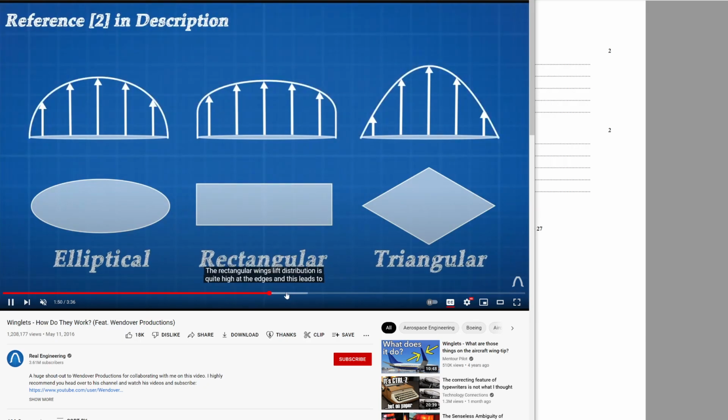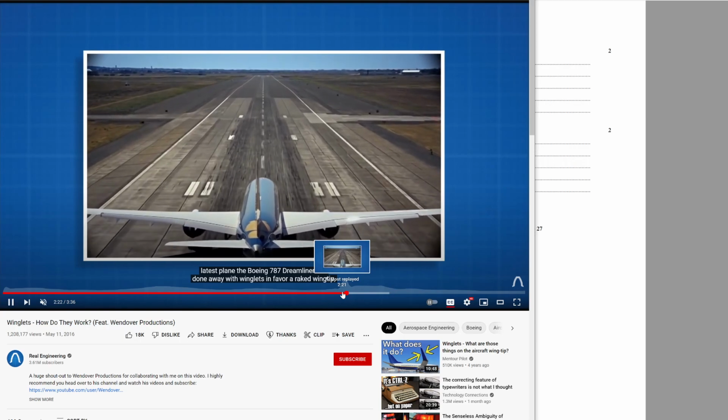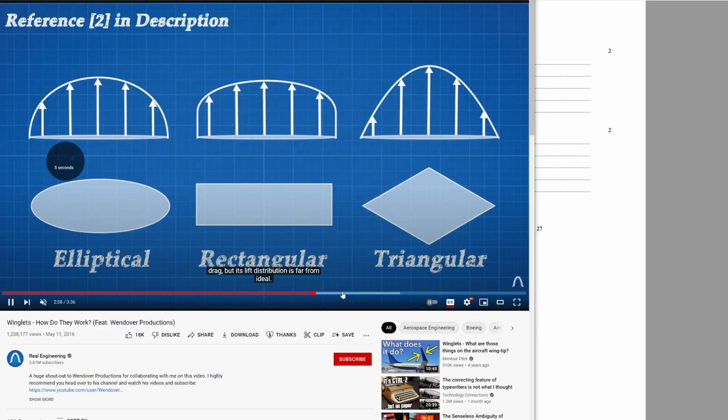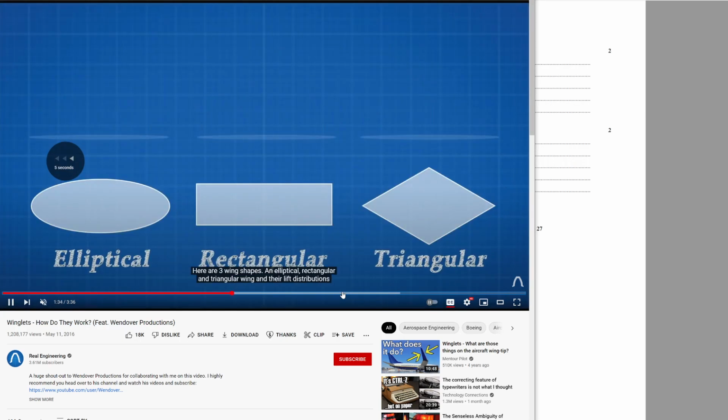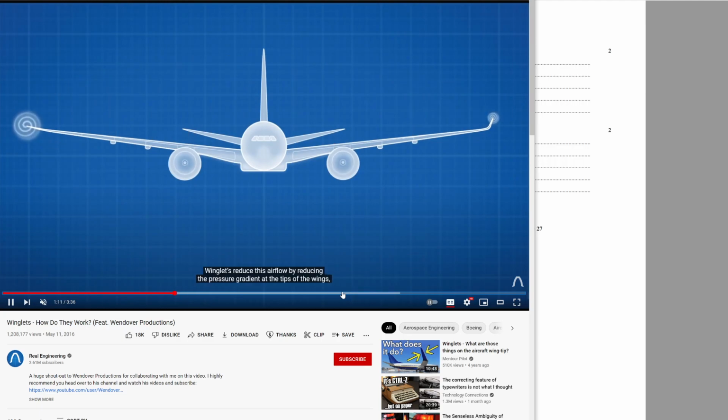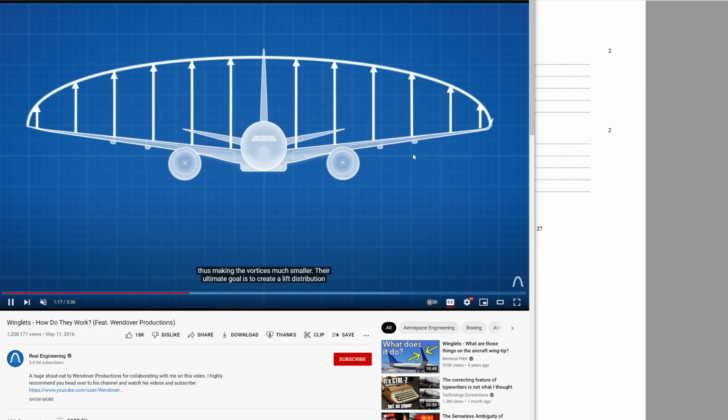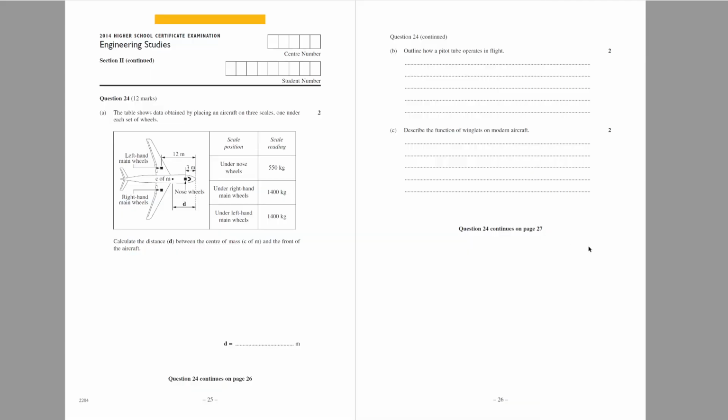Then if we cut to where we have the vortices, we can see we have big vortices without winglets. With winglets, we have smaller vortices. Also, we're going to generate more lift because less of the air is going to spill out over the edge of the plane effectively. That's my take on winglets.